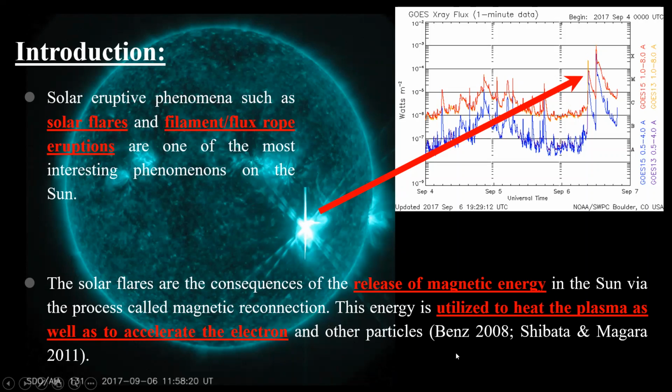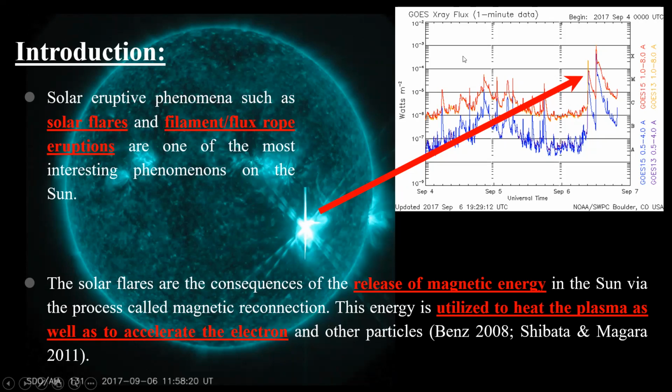For more detail about the flaring event and reconnection, you can go through these review articles by Benz and Shibata. Here in the plot, the x-axis is universal time and the y-axis is watt per meter square.